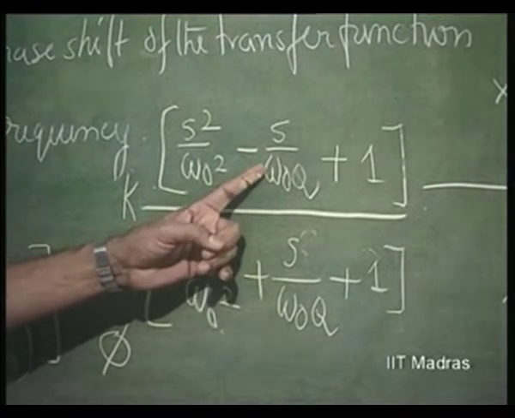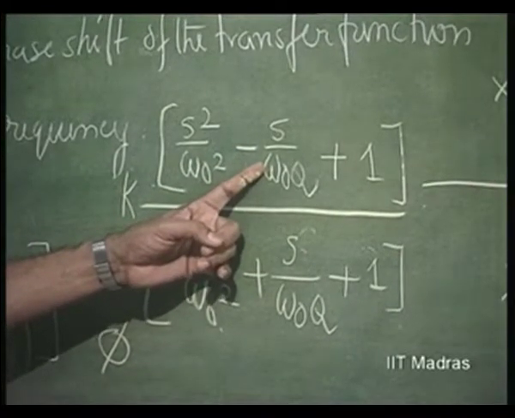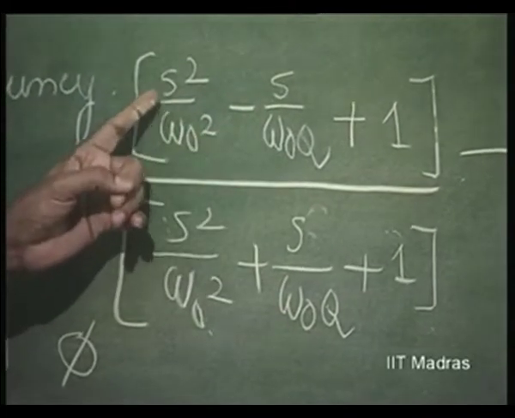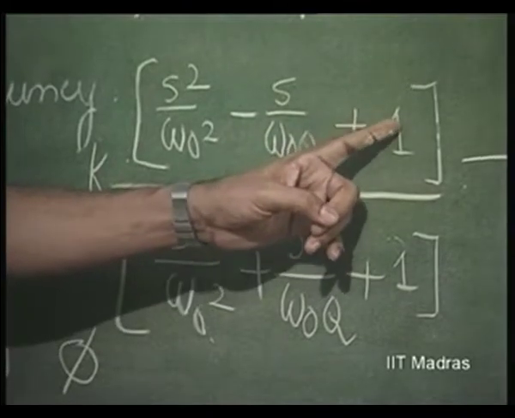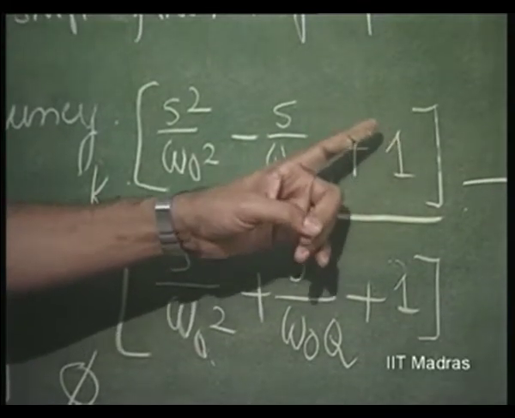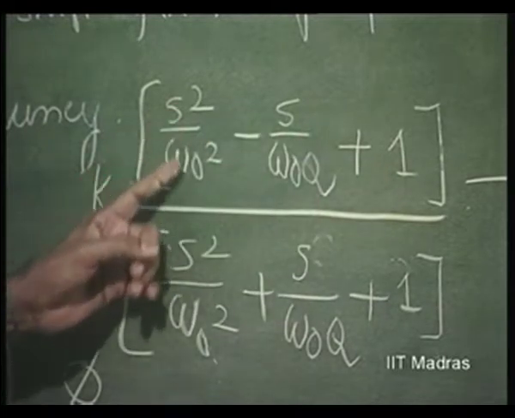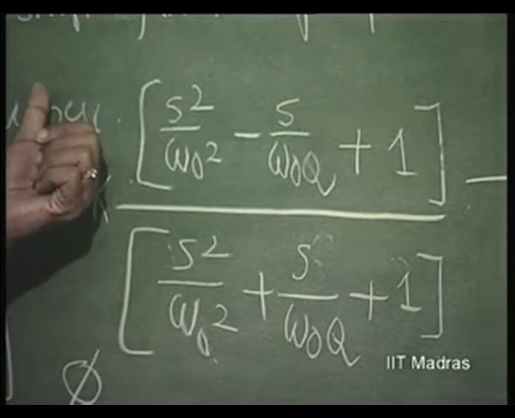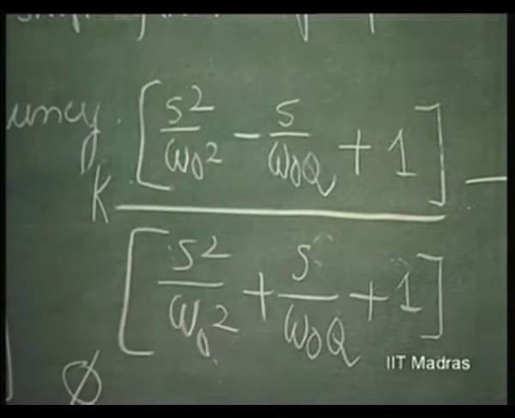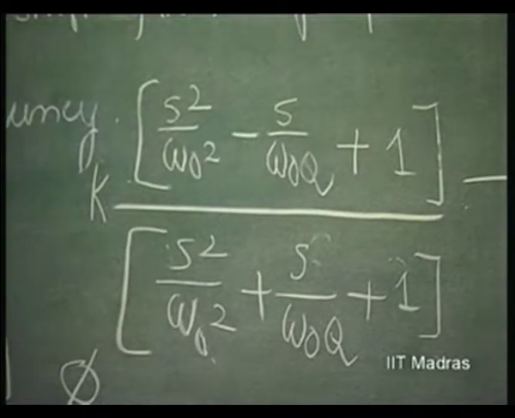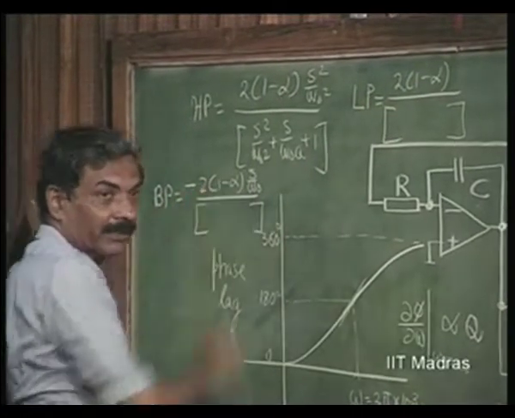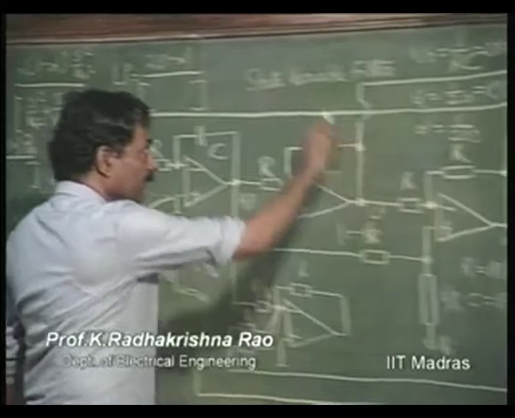Only band pass has to be added with suitable modification of the coefficient, because band pass coefficient should not be the same as the coefficient of low pass and high pass. Here the coefficient is 1, here it is s squared by omega naught squared, which is 1 again, here it is 1 over Q s by omega naught. So, you can see we have the same coefficient 2 into (1 minus alpha), 2 into (1 minus alpha), minus 2 into (1 minus alpha). So, we can simply add. That is the arrangement.